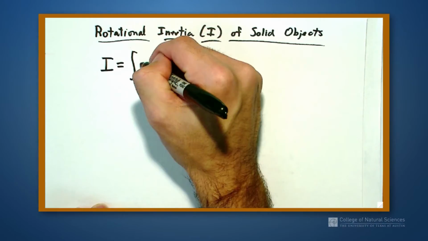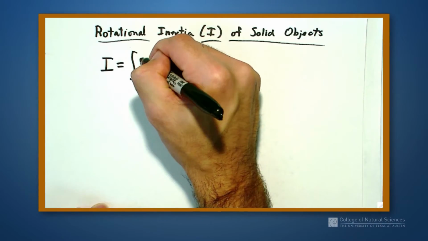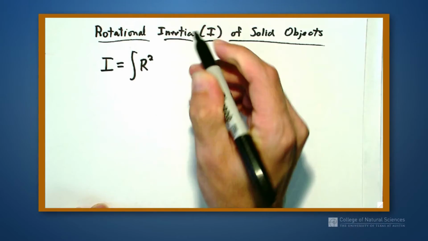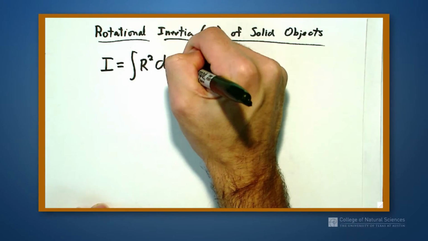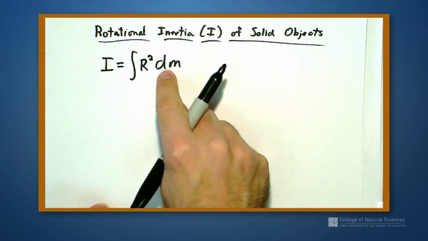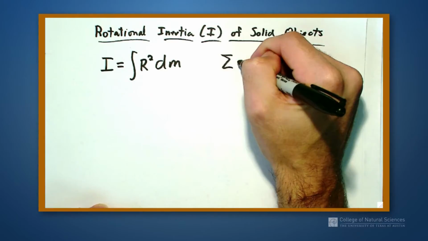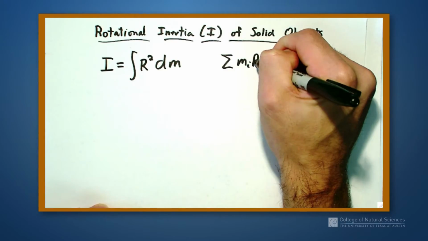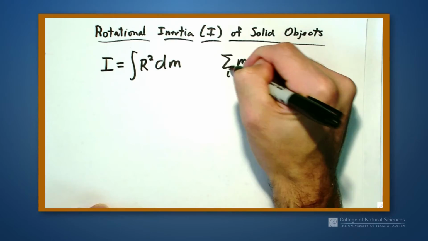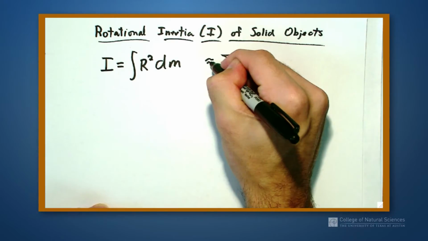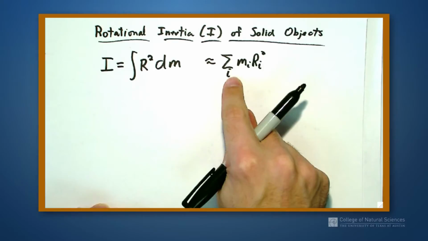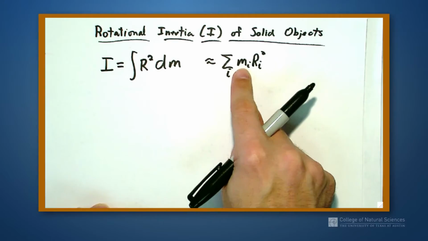It's going to say that we're going to look at how far we are from the axis of rotation to each individual little piece of mass. So it looks very similar to sigma m r squared, right? We look at the case where we add up all of our little masses, each little point mass.